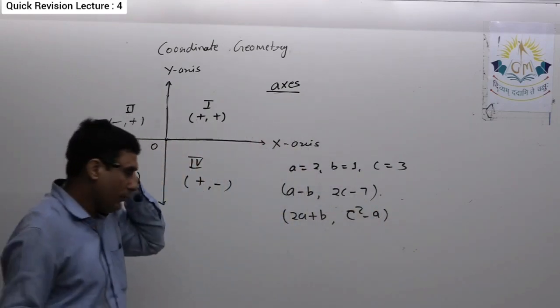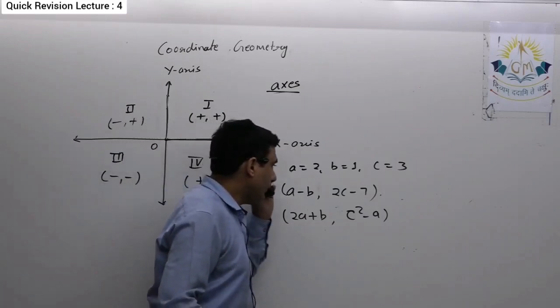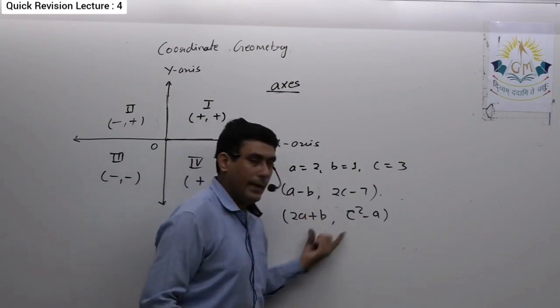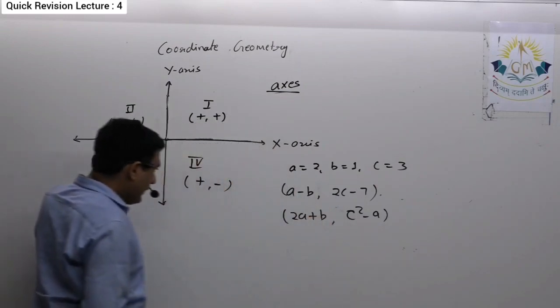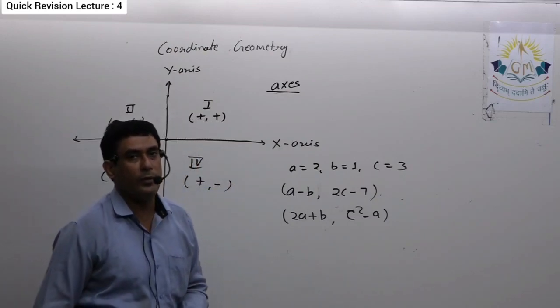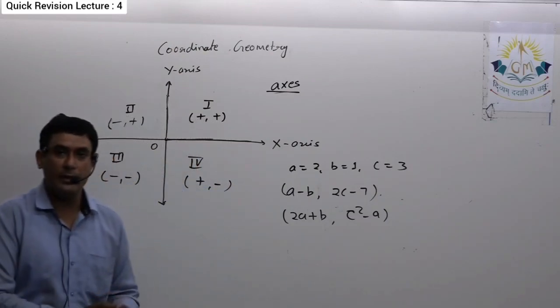I gave you just one or two examples. There are infinite possibilities to change the values of a, b, c as well as to change these expressions. This is one more way to ask in which quadrant a particular point will lie. Previously we saw the values were given directly.